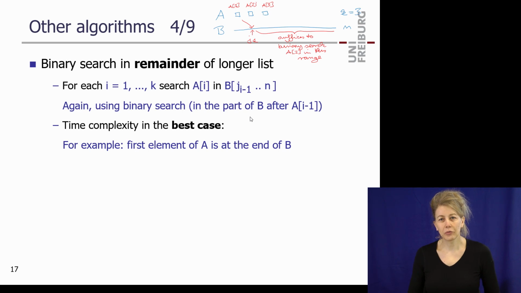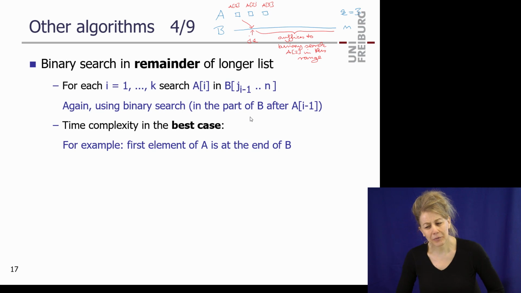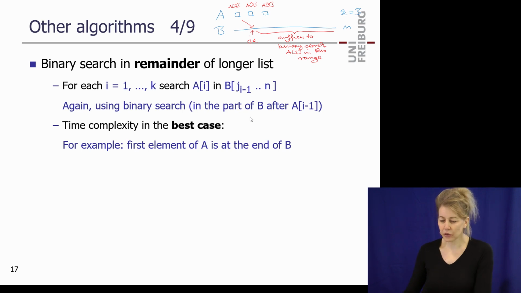Yes, that's true, we even need just k. That's the very best case. It's not even the one I had in mind. Somehow by luck, the binary search just hits the element immediately. But then you are in the middle, right? So then you have to search the others.